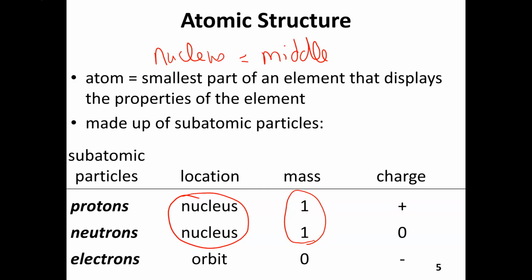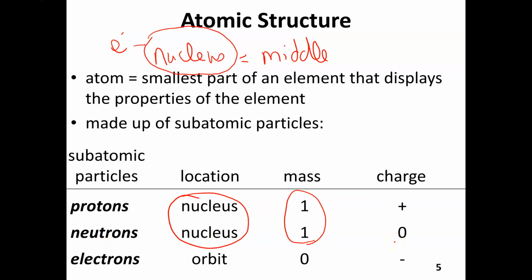Electrons are found in the orbital outside of that nucleus. So surrounding the nucleus are orbitals, and the electrons would be found here. Electrons are so light that they don't contribute to the mass of an atom. Protons are positively charged. Electrons are negatively charged.